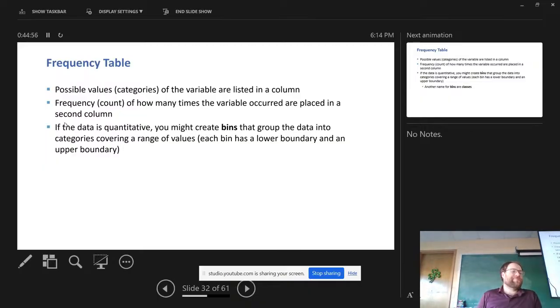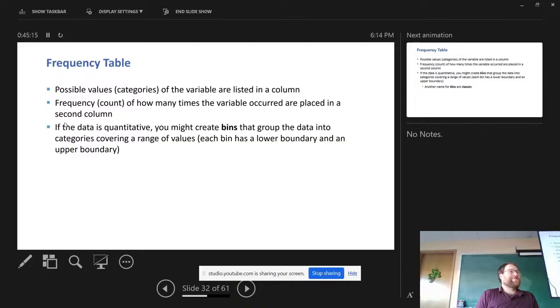So an example here, going back to the pizza example, you can say number of pieces of pizza eaten, 1, 2, 3, 4, and then figure out how many people would vote for each of those numbers.